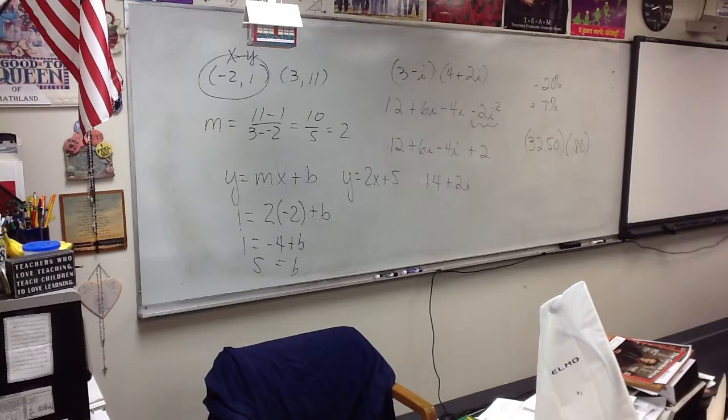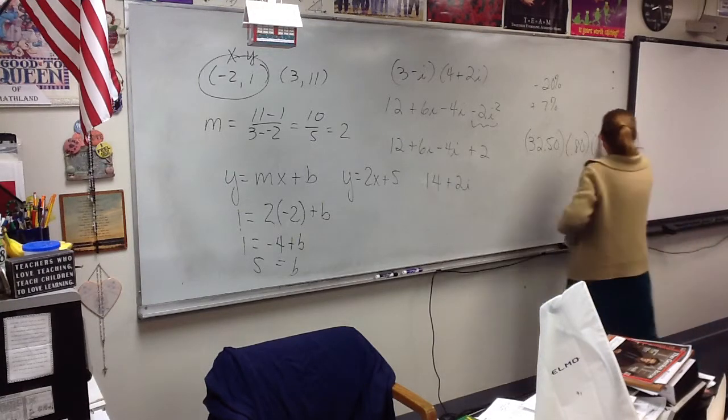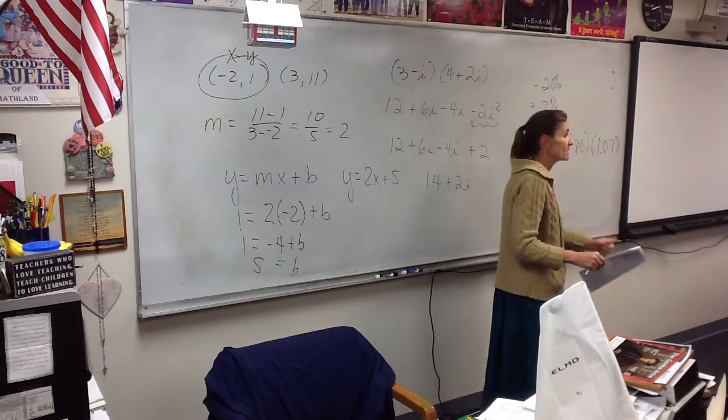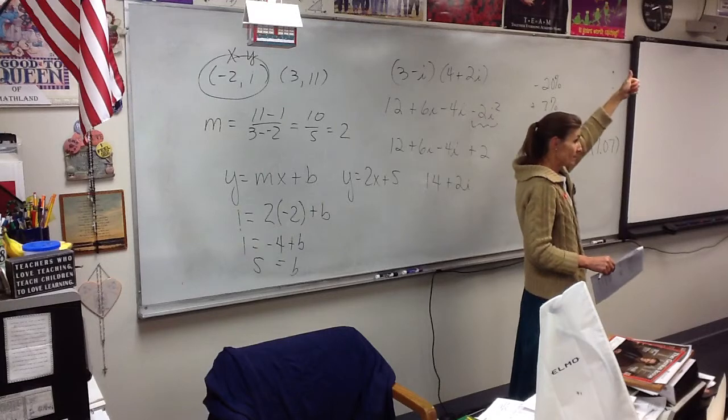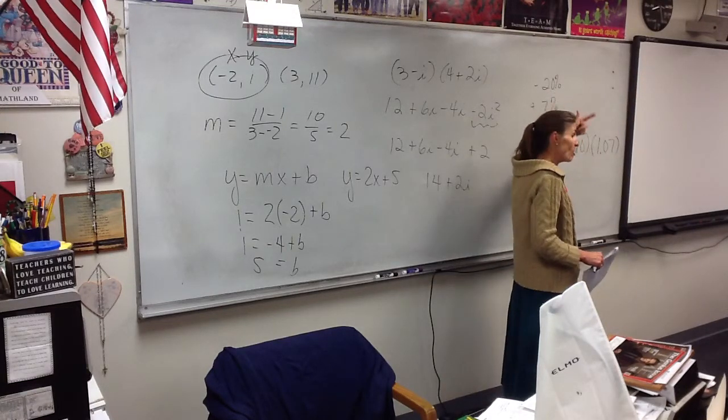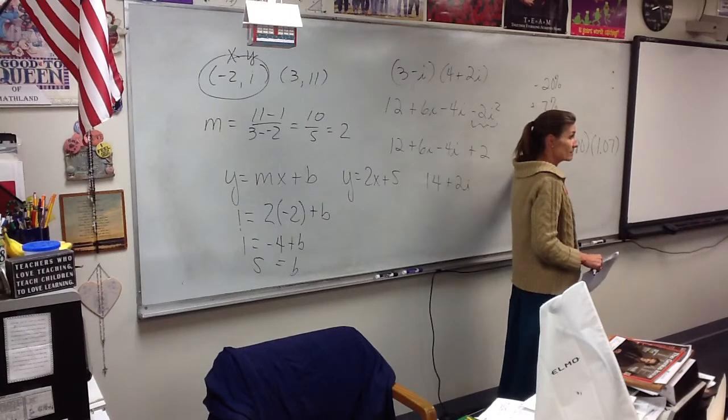1 minus 20%. Then we're going to multiply it by 1.07. Perfect. That one is 1 plus 7% because the tax adds on. Discounts are 1 minus, add-ons are 1 plus.